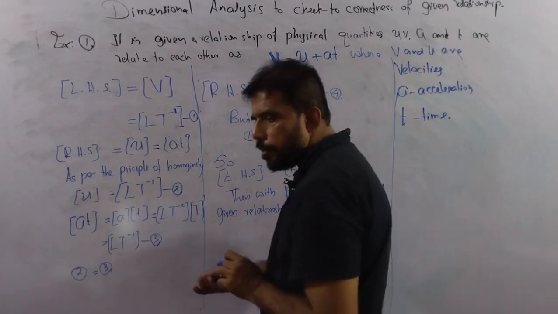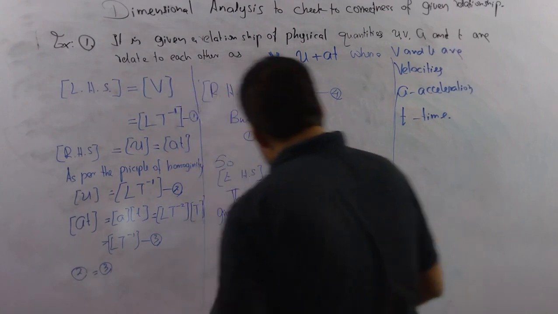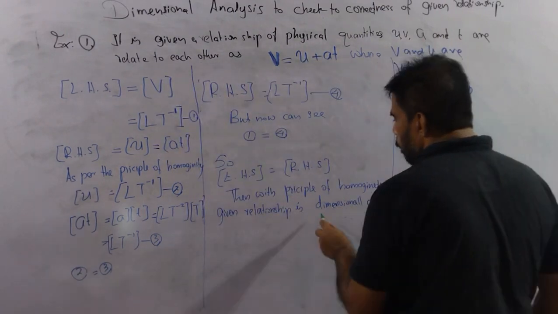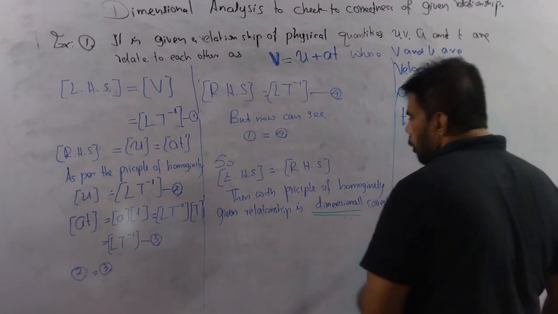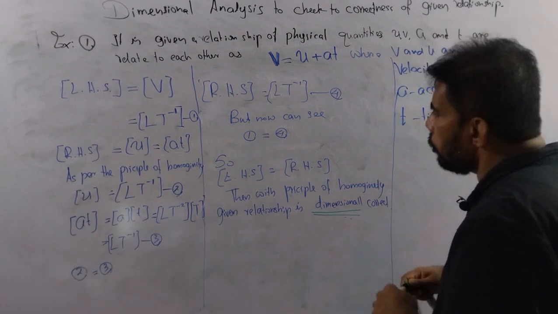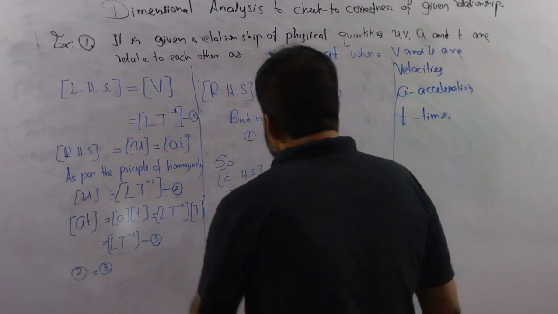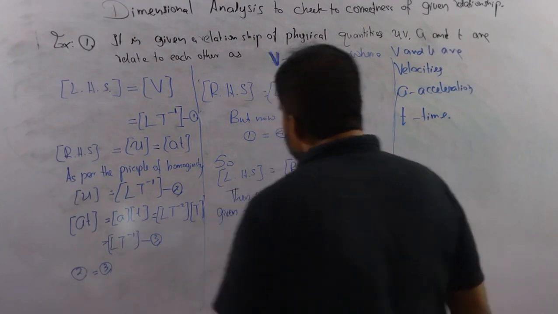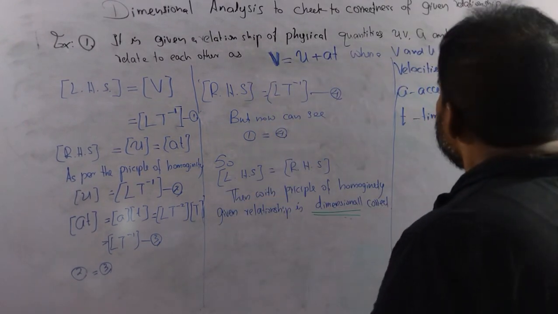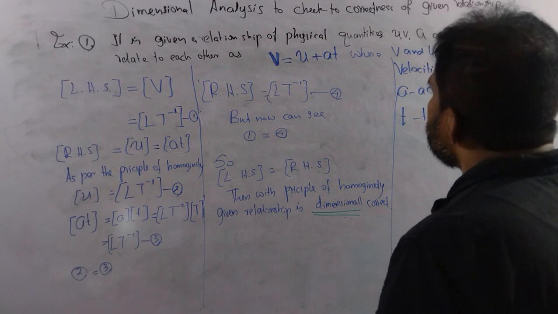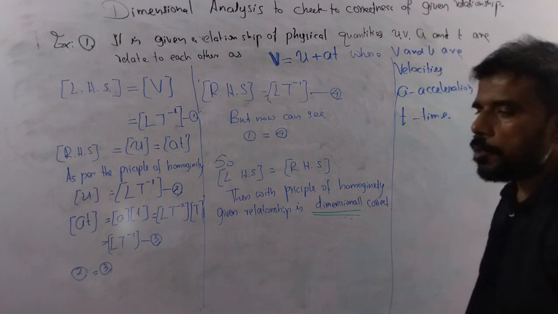This term dimensionally is important because we know that an equation can be dimensionally correct, but scientifically it might not be.